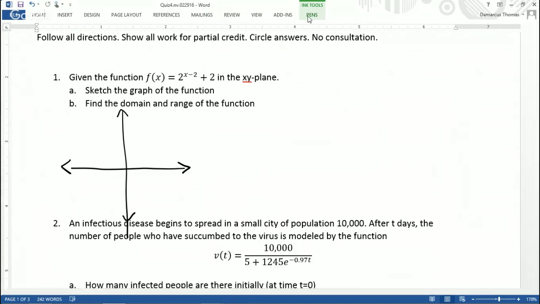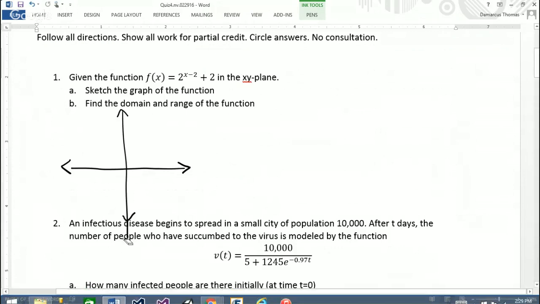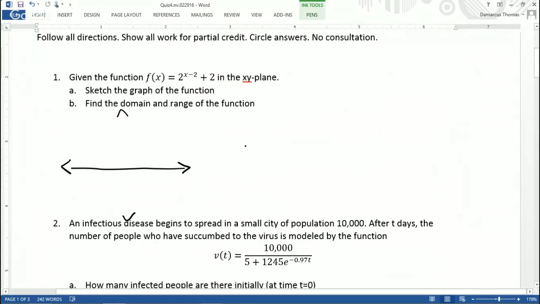Okay, so there's my x-axis and my y-axis.